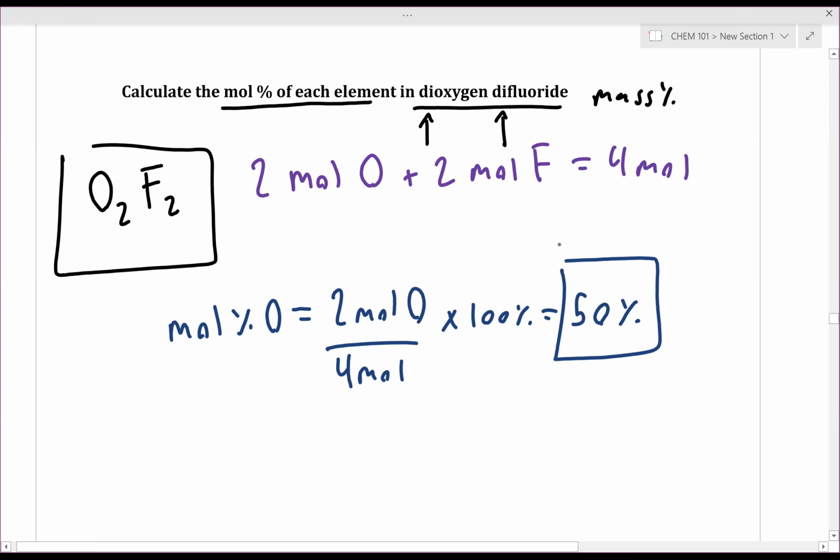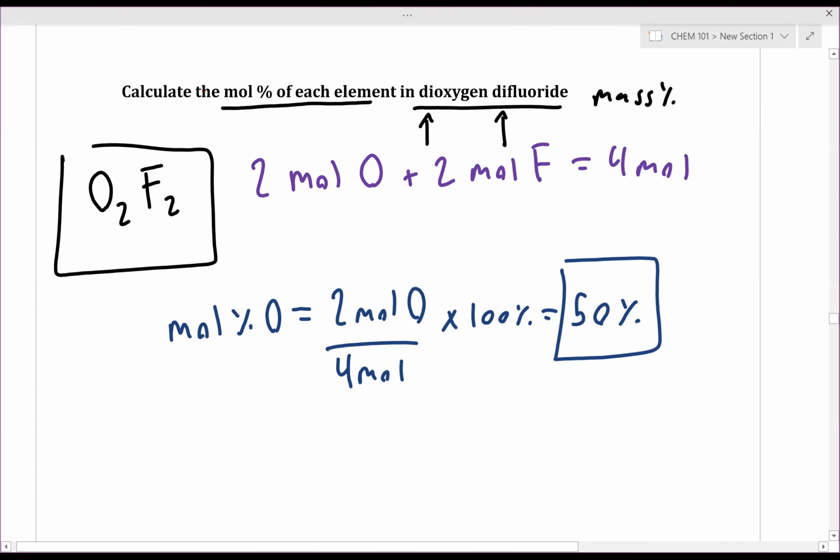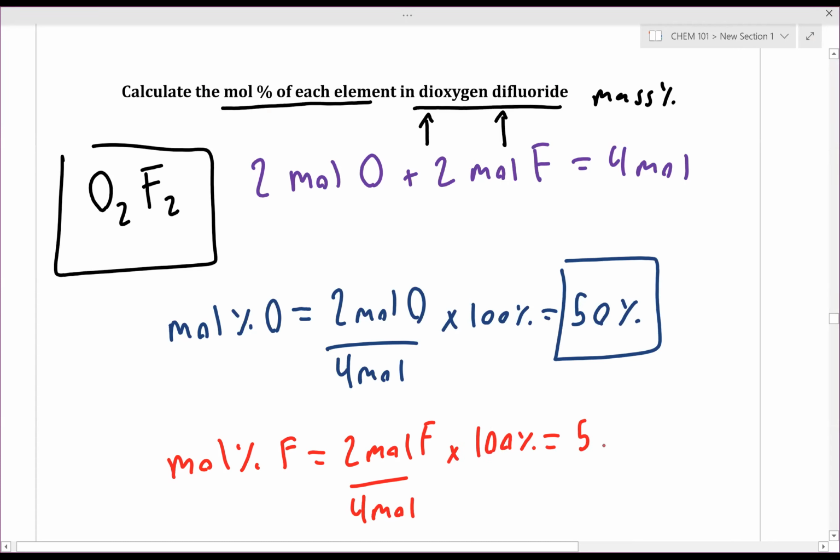What would you expect the mole percentage of fluorine to be? 50%. Both mole percentages, if you're accounting for all elements and all species in a compound, will add up to 100%. So the mole percentage of fluorine is equal to 2 moles of fluorine over 4 moles times 100%, and that in turn gives us 50%.